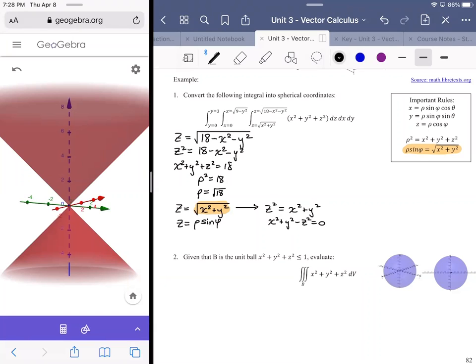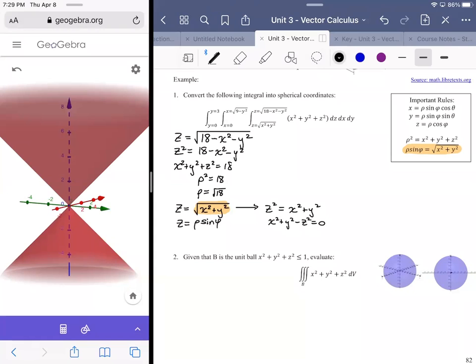That's a value that we had for phi on the previous page. We're looking at a hyperboloid. So we can make the substitution, at least partly, by starting down the pathway where we replace z equals the square root of x squared plus y squared with z equals rho sine of phi, and then go from there.